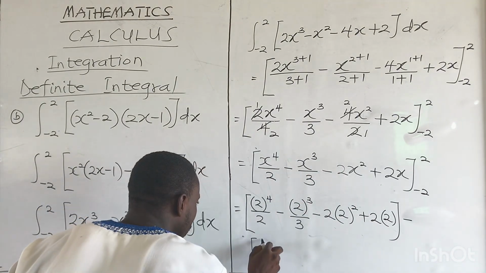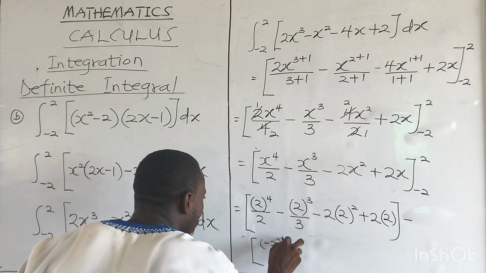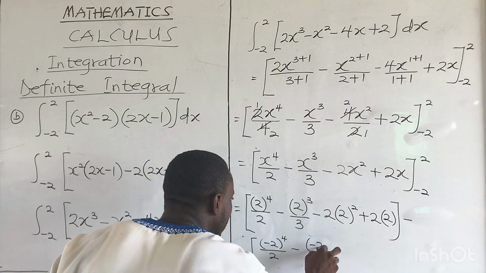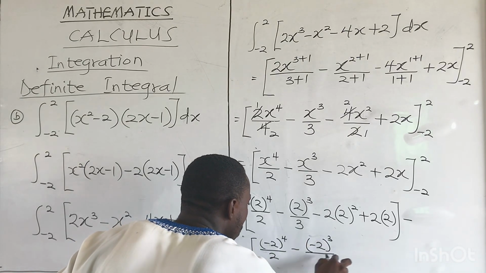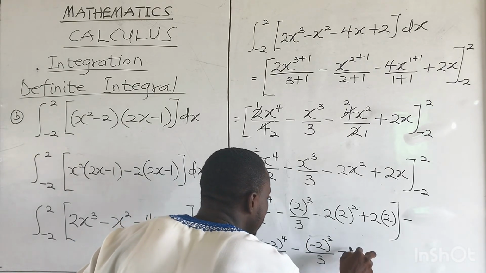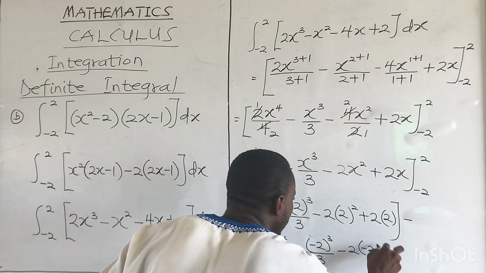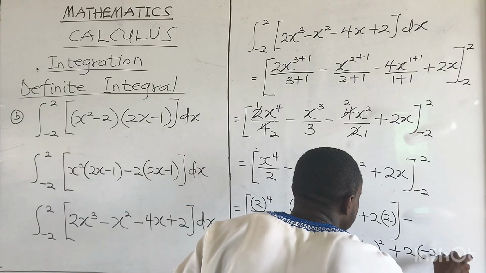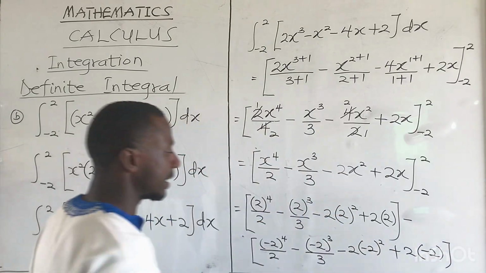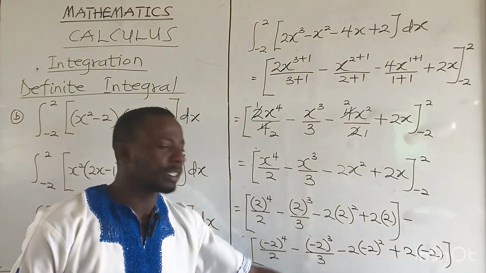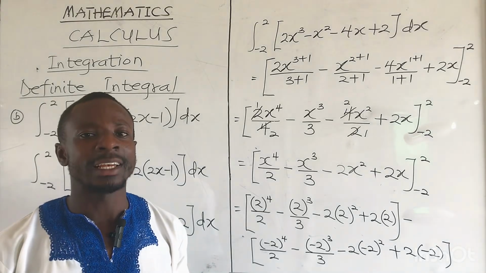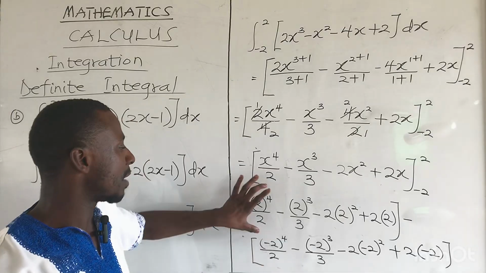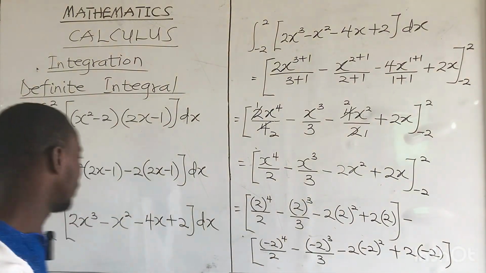We have negative 2 power 4 also over 2 minus negative 2 power 3 all over 3 minus 2 multiplying negative 2 squared plus 2 multiplying negative 2. And this will be the substitution of the lower limit. Since we are done with the substitution, we are going to take them one after the other.